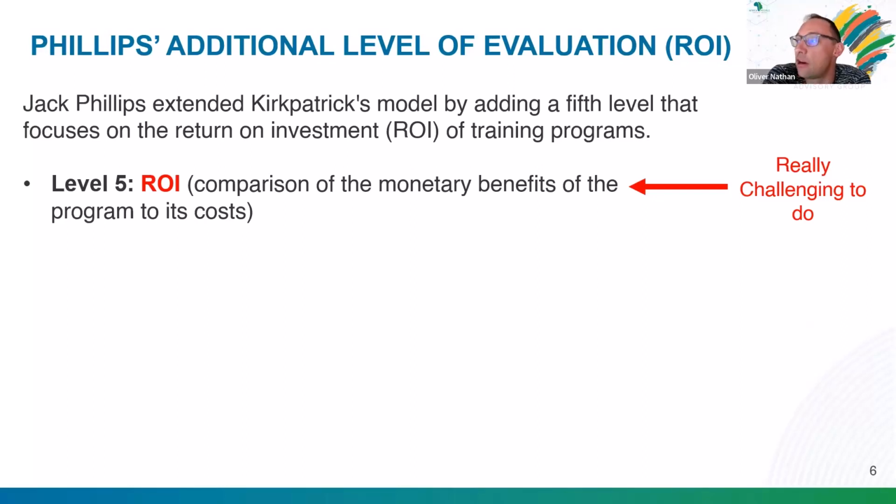It's the comparison of the monetary benefits to the organization versus the costs of actually running or delivering that program in the organization. Very, very important. Not easy to achieve. Doing the actual calculations is easy, but collecting the data can be really quite tricky and quite challenging.